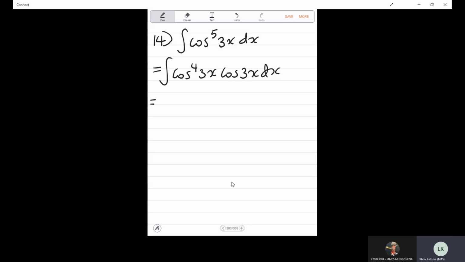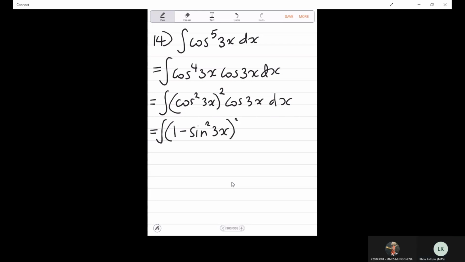So this is the integral of cos squared 3x, squared, times cos 3x dx. And then the cos squared 3x, we rewrite it in terms of sine squared 3x. So this is the integral of 1 minus sine squared of 3x, squared, times cos 3x dx.